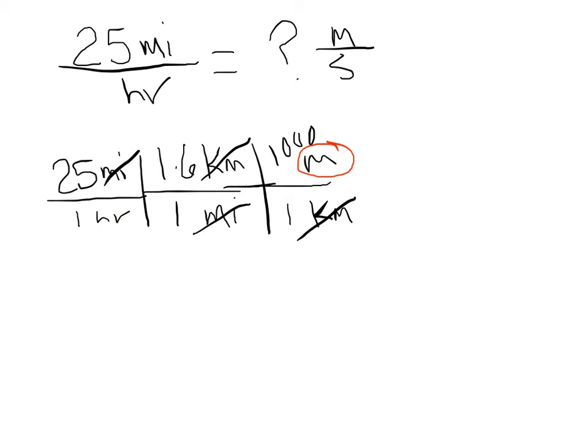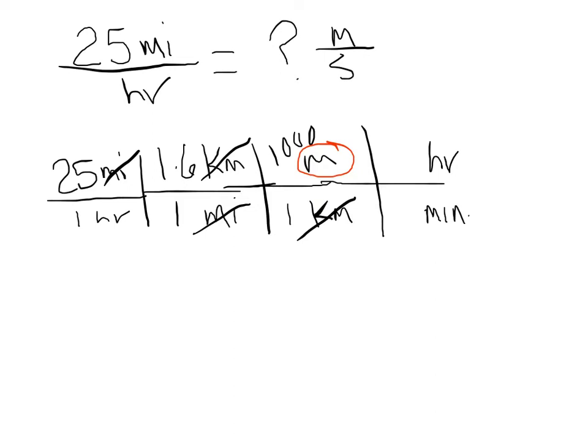So let me get my pen back up here. I'm going to keep my goalpost going. Now, algebraically, if we want hours to cancel out, and hours is on the bottom in the denominator in this case, then I've got to put hours in the numerator. So I'm going to put hour up here. And I know the relationship between hours and minutes.